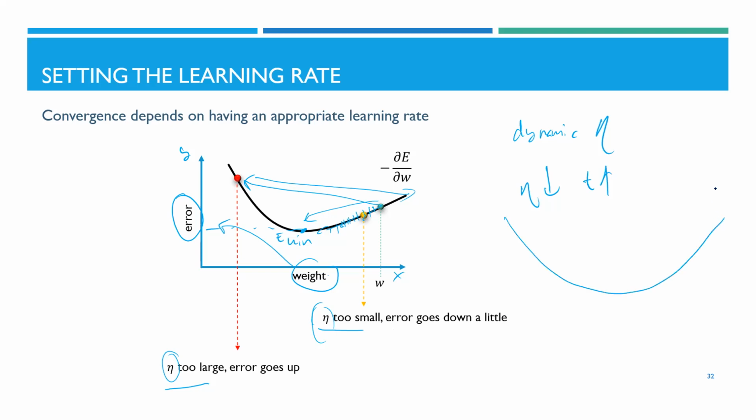The illustration is like this. In the early iterations, the initial weights are still far away from the minimum, so let's make it a big step, because we assume it's very far from the optimal point.